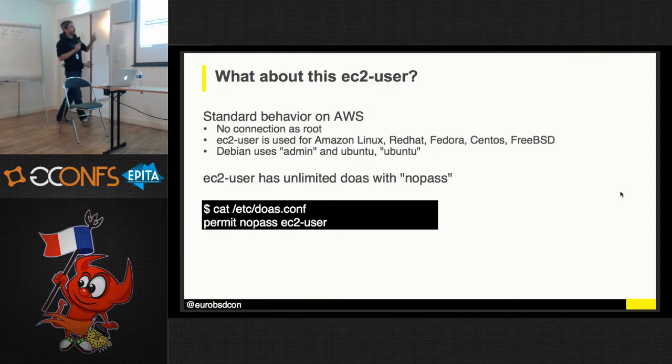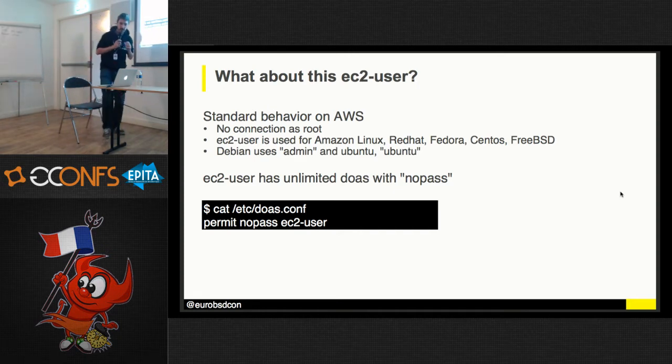And when I connect to the machine, this ec2-user has unlimited doas access. So if we look at the configuration of doas, we can see that we have all permissions.